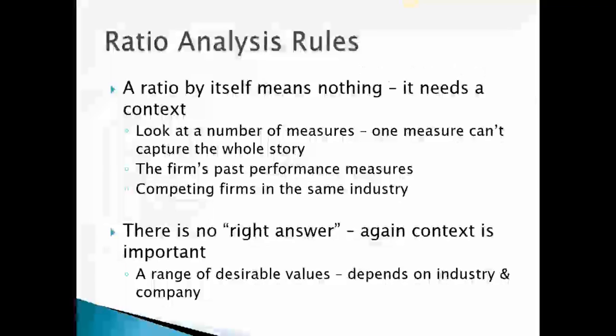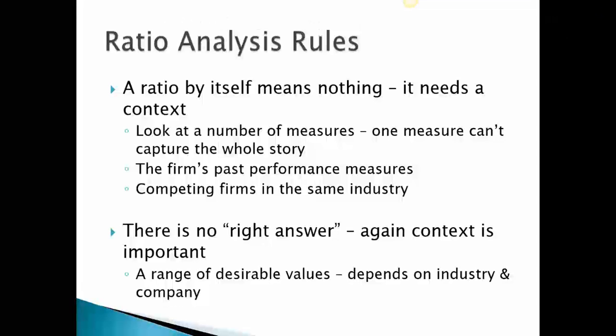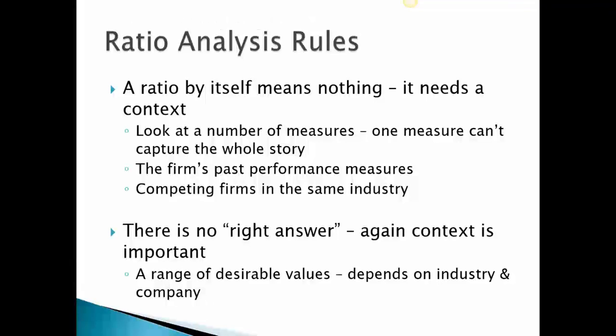One industry may be very asset intensive, and so it's going to have relatively low total asset turnover, for instance, and pretty low return on assets. Whereas another industry may be very knowledge intensive, and it's all about the people. It's not really about manufacturing plants and that sort of thing. So it's critical that benchmarks are appropriate and comparable.